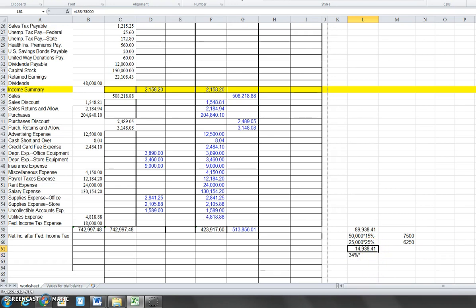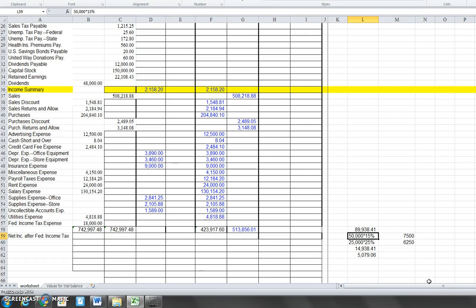Anything above 75,000, the next rate is 34%. And let's make sure we do this correctly. So again, I got to put an equal sign here and multiply by this number. And I get $5,079.06.